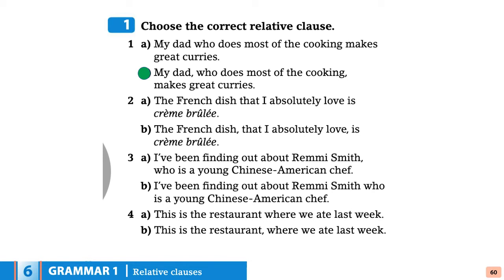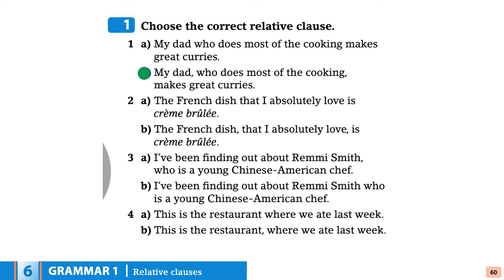Okay, number 2. A: The French dish that I absolutely love is crème brûlée. I don't know if you say that in French, okay? B: The French dish, comma, that I absolutely love, comma, is crème brûlée. So which one do you think is the correct one?